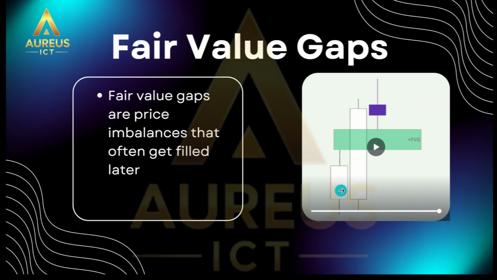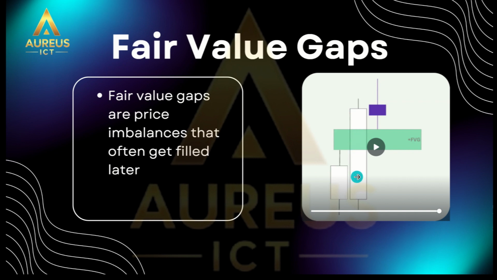But what we normally say again is that a fair value gap is a 3 candle pattern: candle number 1, 2, and 3. Candle number 1 can do whatever it likes. It can go as high or be as low as it wants. And then candle number 2 has to be an expansion candle. So price has to push aggressively high or low, depending on whether we are forming a bearish or a bullish fair value gap.